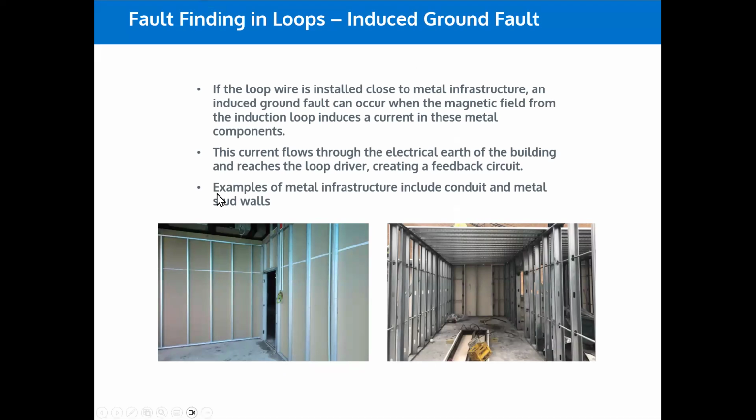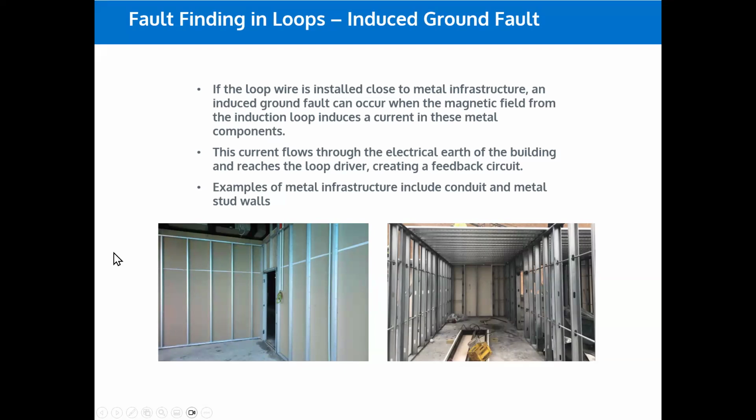One example of where you can get this is that it's becoming more and more common for metal stud walls to be used in construction. If you've got a perimeter loop coming, whether at floor level or at ceiling level, you can see that the wire is very, very close to the metal structure here.